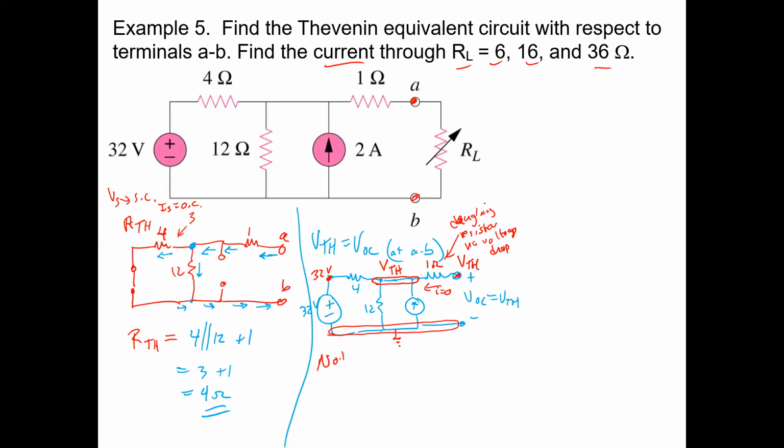So the nodal equation then is really just one to solve this. You have 32 minus V7 over 4. That's the current going into the V7 node from the left, right? Plus 0 minus V7 over 12, plus 2.